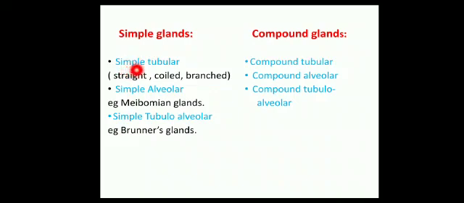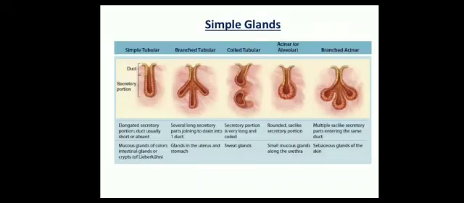Without branches, they can be simple tubular, further classified into straight simple tubular, coiled simple tubular and branched, then simple alveolar and simple tubulo-alveolar. And the compound glands are compound tubular, compound alveolar and compound tubulo-alveolar. These are the simple glands.